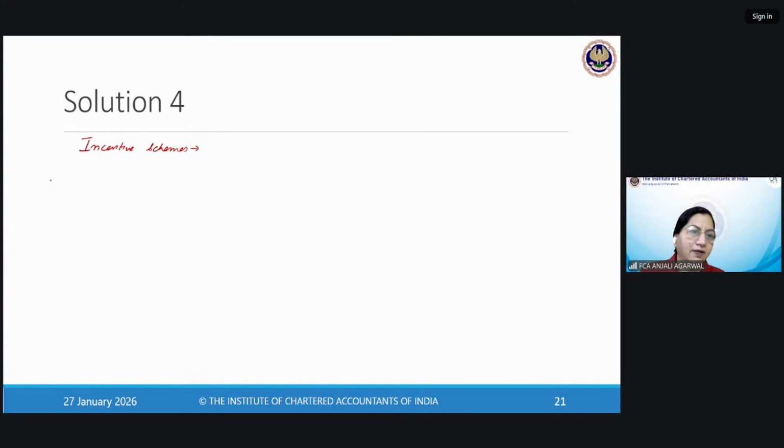So, Halsey and Rowan were two very important parts of the incentive schemes. Both of them based the incentive on time rate basis.